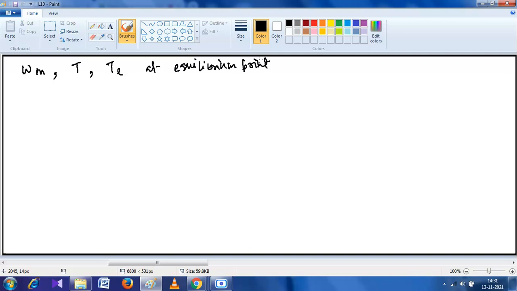And if we give a small perturbation, then the speed changes.